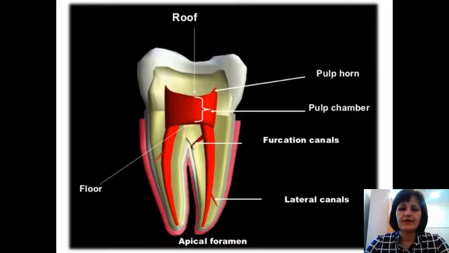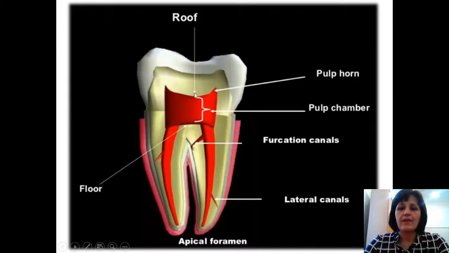The anatomy of the pulp chamber is also very important. There are several parts of the pulp chamber. First is the pulp chamber inside the crown of the tooth. In the pulp chamber there is a roof and also the pulp horn.